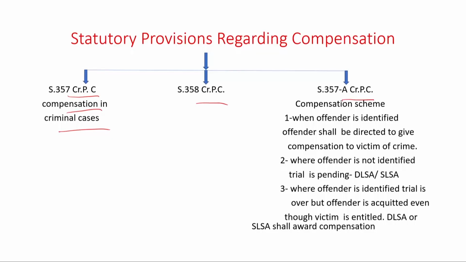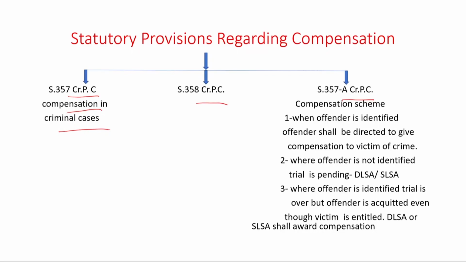The third important thing which you need to remember is that even a fine may also include compensation, where the court has imposed a fine with a special remark that this fine would go to the victim of crime. Then in that case, the victim is entitled to get that part of the fine which the court has imposed.